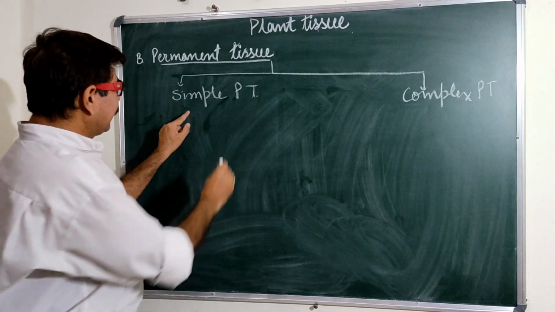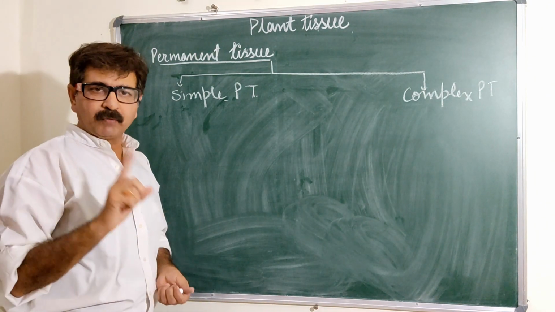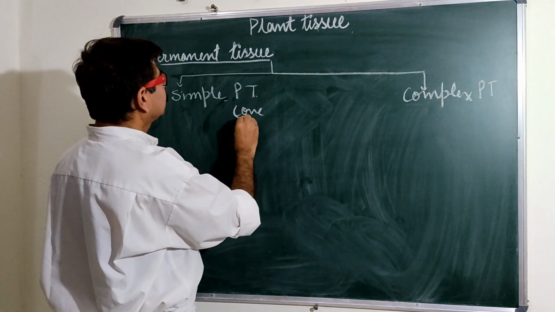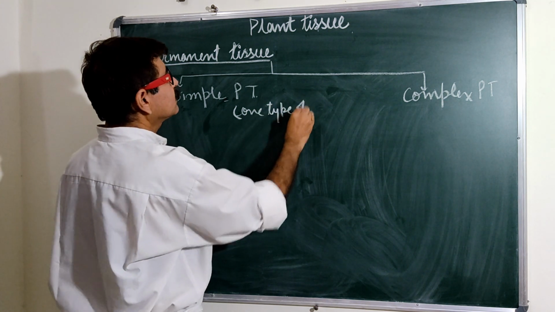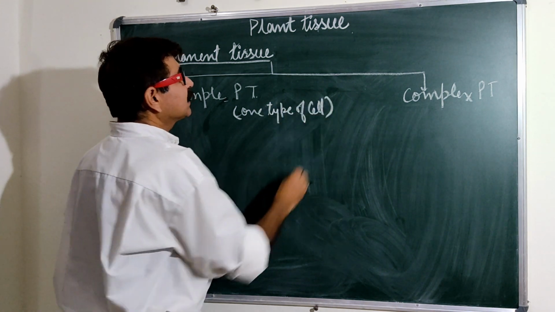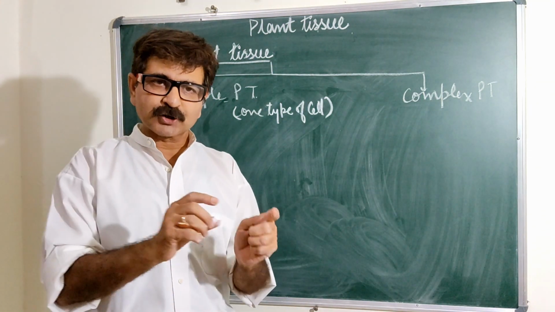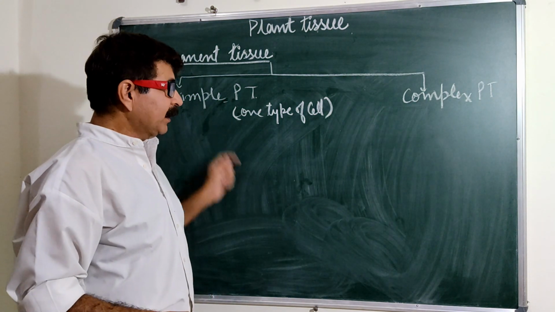The simple permanent tissue is made by the same kind of cells. Only one type of cell is there. Means all the cells are identical and their function is similar. Structure wise and function wise they are identical, that is why simple permanent tissue.